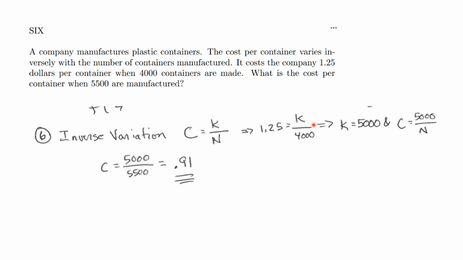That means we can solve for K, and we get K is 5,000. And that means the general formula is that C is equal to 5,000 over N. Now the question asks you, what is the cost per container when you manufacture 5,500? And so you plug N to be 5,500 in here, and you get 0.91 as your answer to the problem.